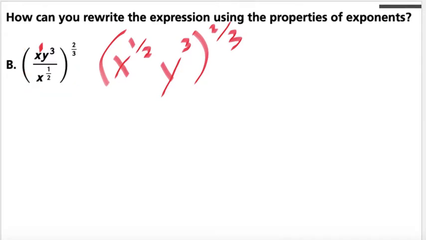I can't do anything with the y's because it's just y cubed. There's no y's on the bottom. And 1 minus a half was a half. All right, now that I have this, and I have this power outside, I've got to apply this power to that power. It's a power to a power, if you recall from earlier. That means we multiply. So I have to multiply 1/2 times 2/3.